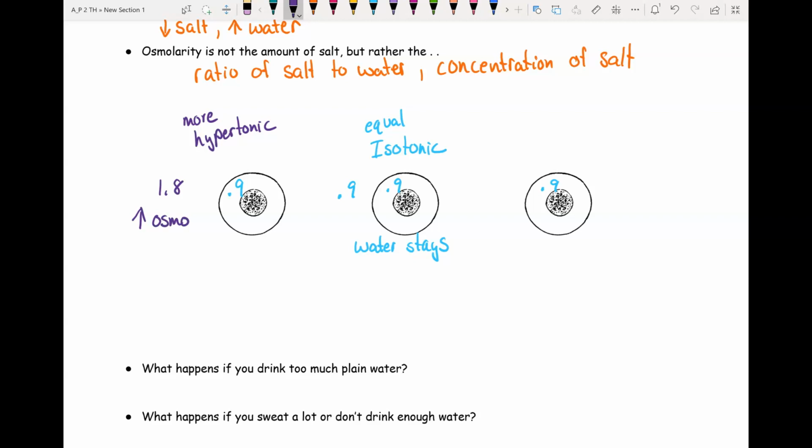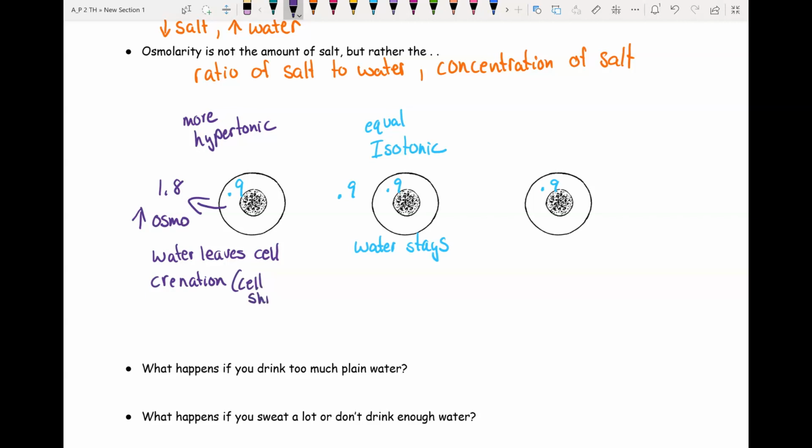And remember, if you increase the osmolarity, it is more attractive to water. So water will leave the cell because it wants to be with that higher osmolarity on the outside. And this causes crenation of the cell. So the cell will shrivel up.